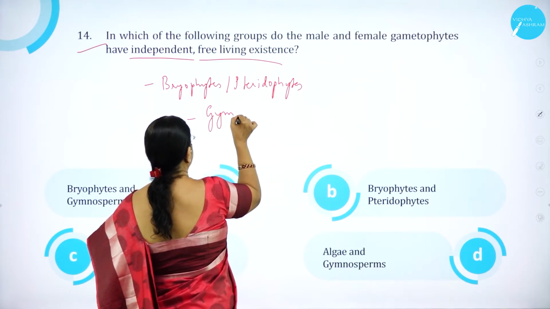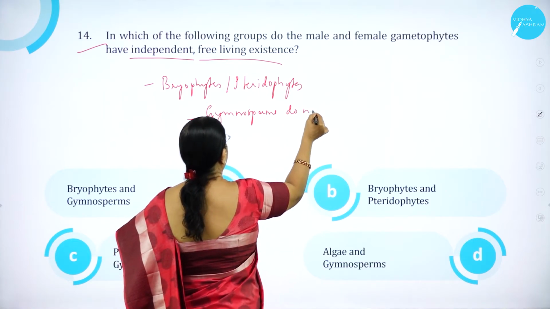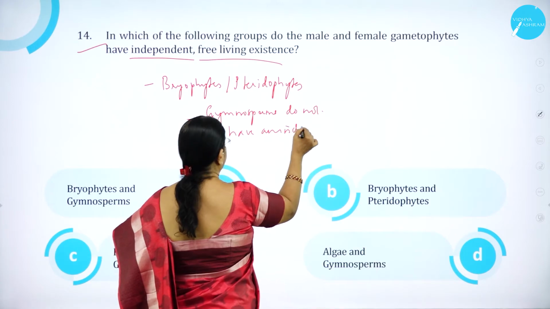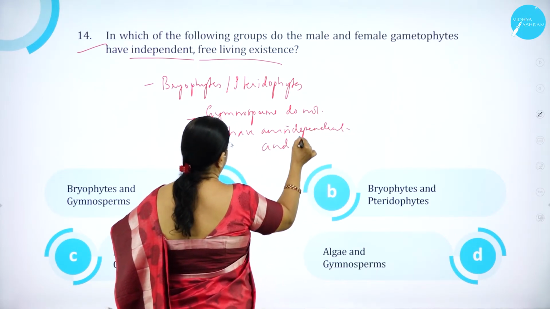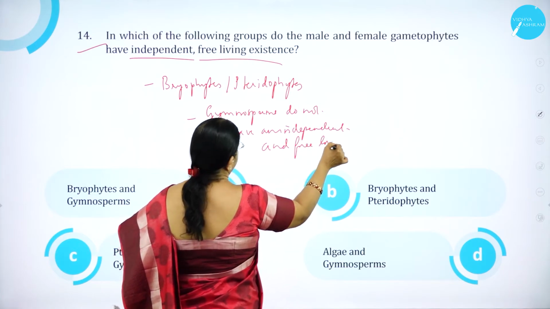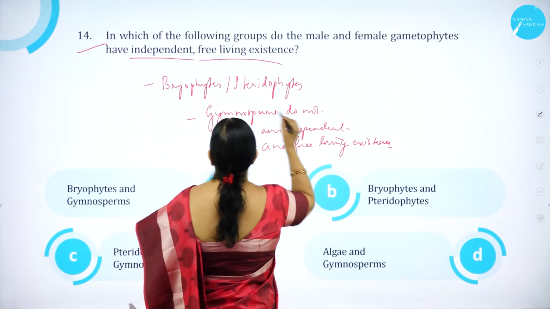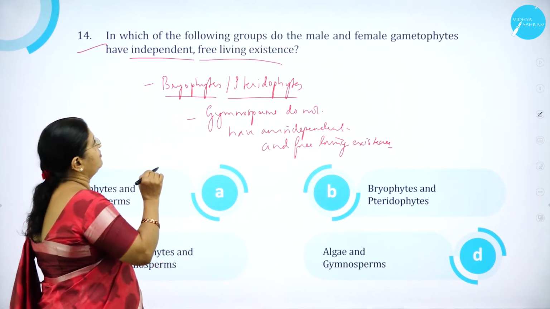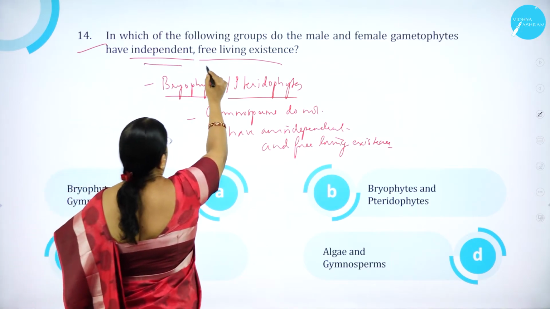Gymnosperms do not have an independent and free-living existence. So only bryophytes and pteridophytes have the male and female gametophytes independent and free-living.